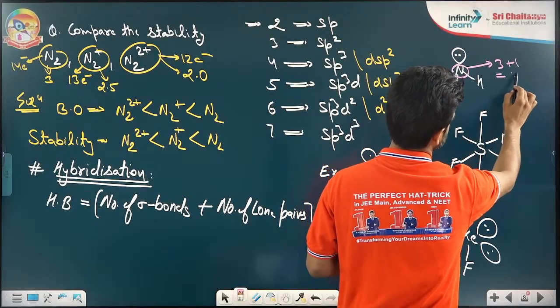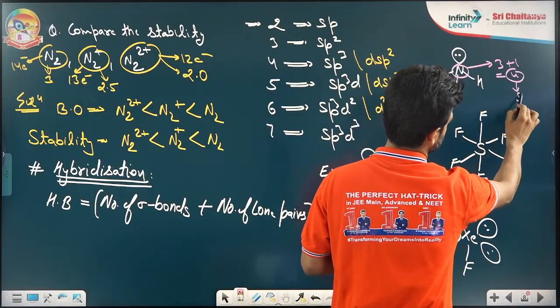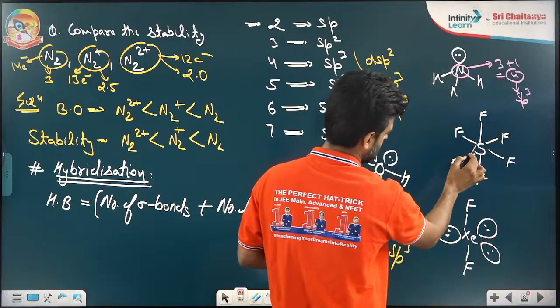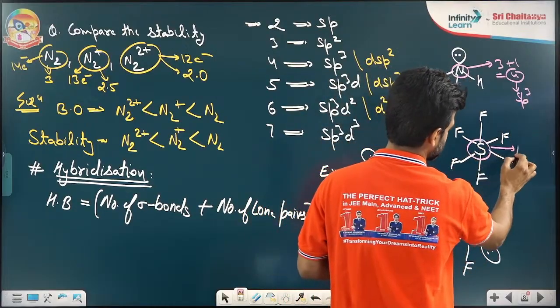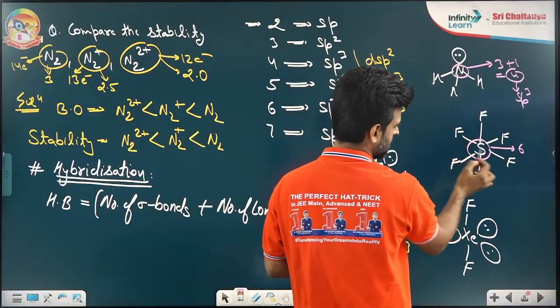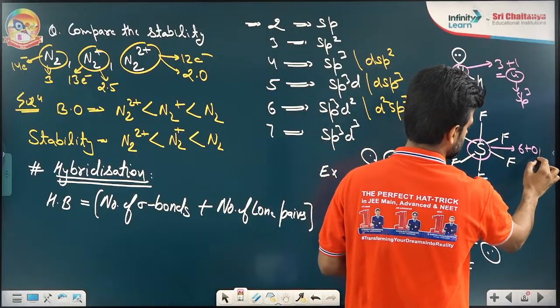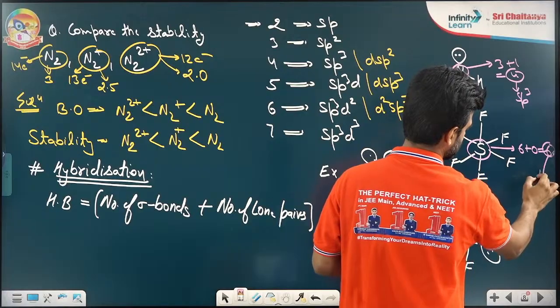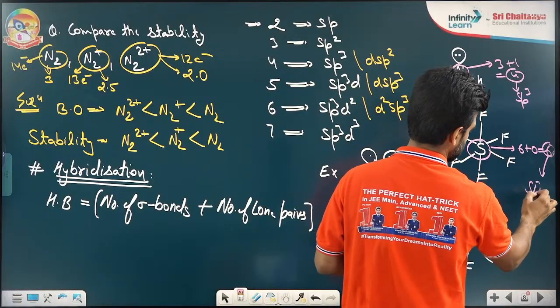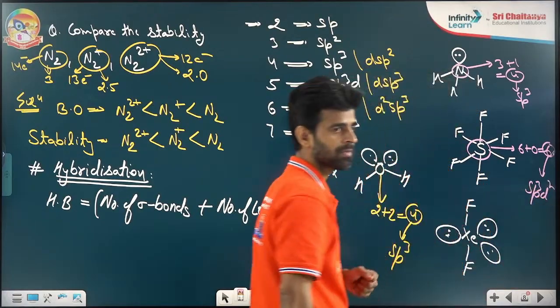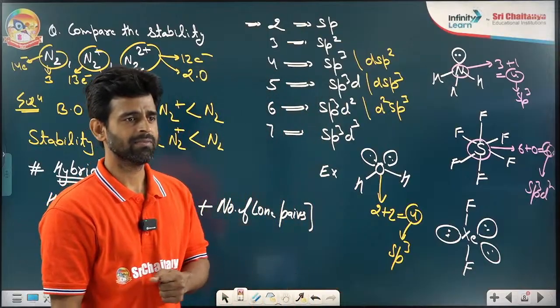Total 4, so it is sp3. In SF6, sulfur has 6 sigma bonds plus 0 lone pairs. Total 6. 6 means, you know very well, it is sp3d2.